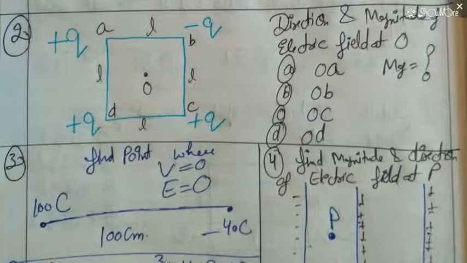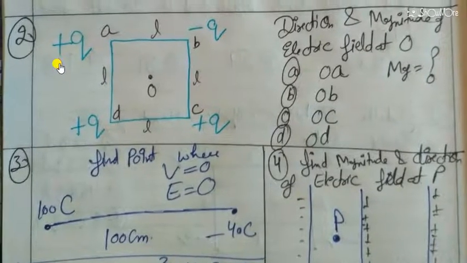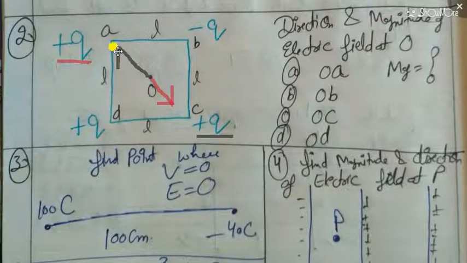You can see due to this positive charge, the electric field at O will be in this direction, and due to this positive charge, the electric field at O is in this direction.